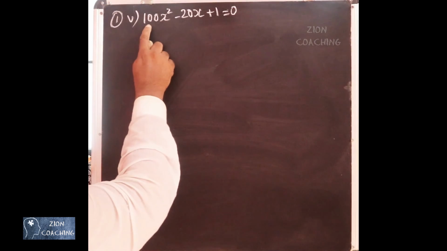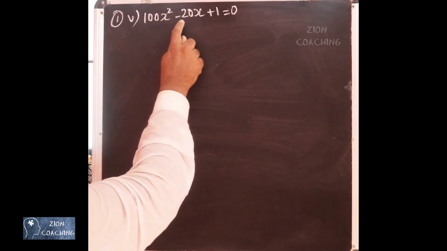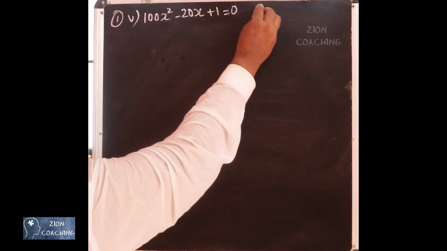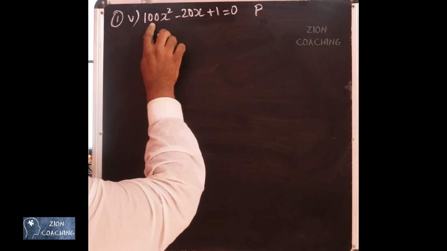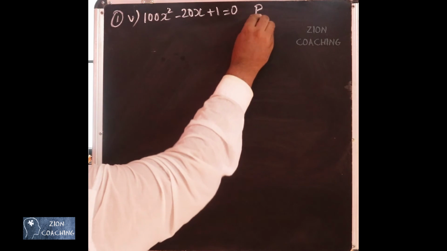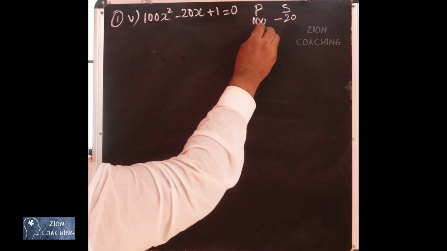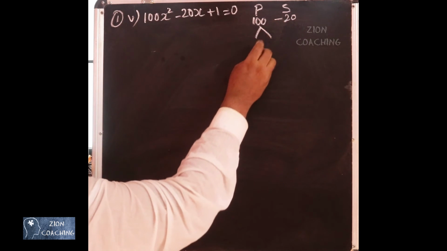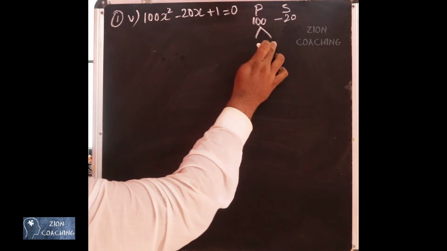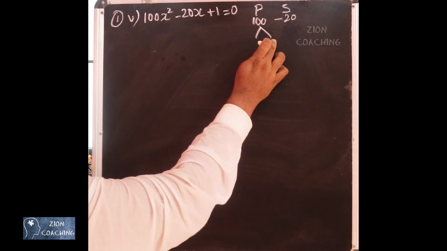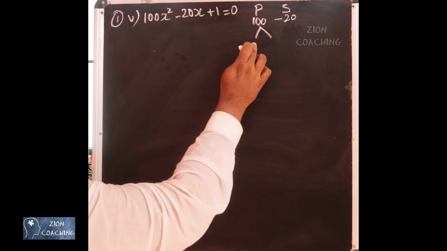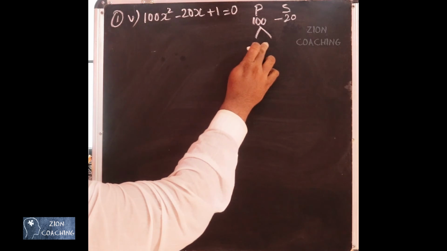The given quadratic equation is 100x squared minus 20x plus 1. Here you can see that the product term is 100 into 1, that is 100. Sum term is minus 20. Now when you split, you can have 1 into 100, 2 into 50, then 4 into 25, then you can have 20 into 5.